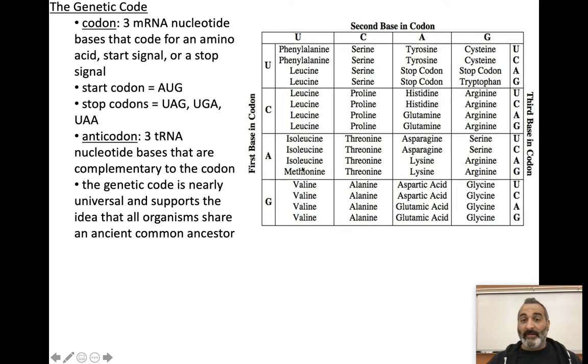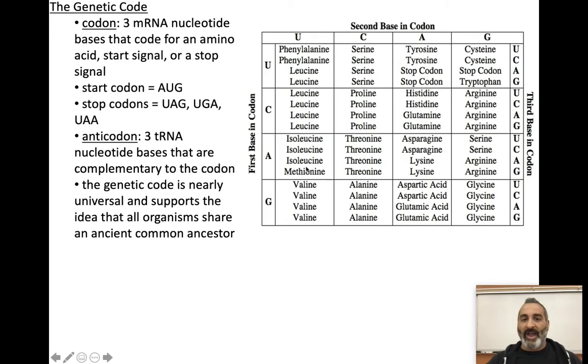So methionine will always be at the beginning of the polypeptide or protein. It begins every one of them, but it could get cut off when that protein gets processed, so it may not end up being in the functioning protein at the end.